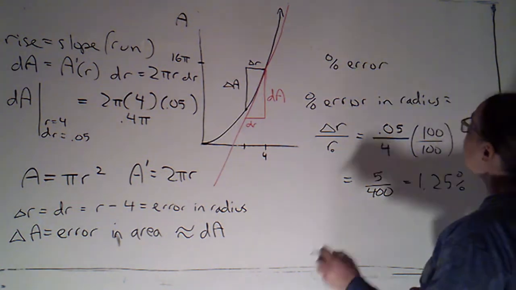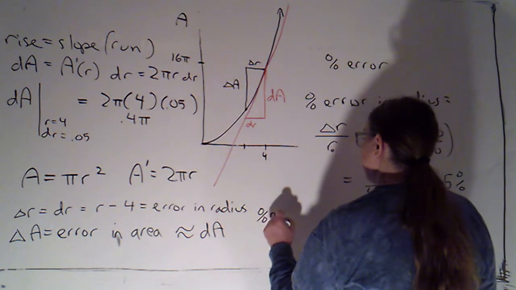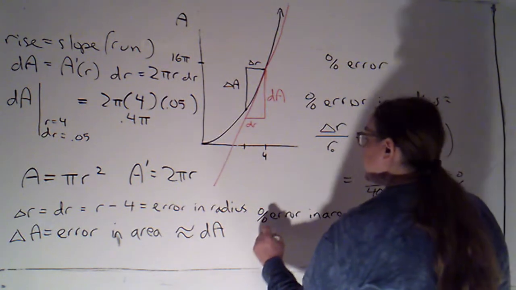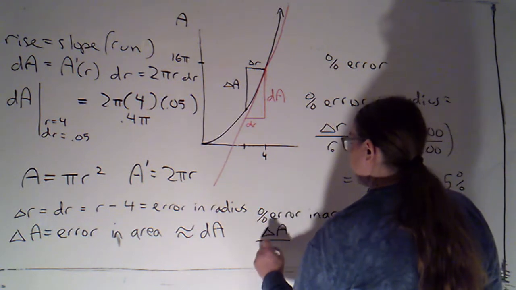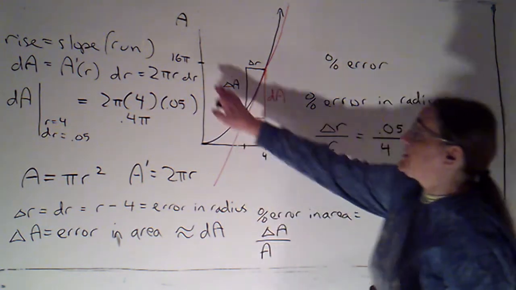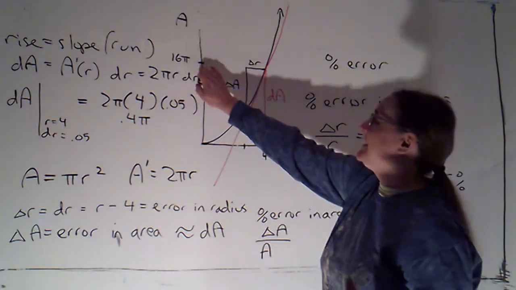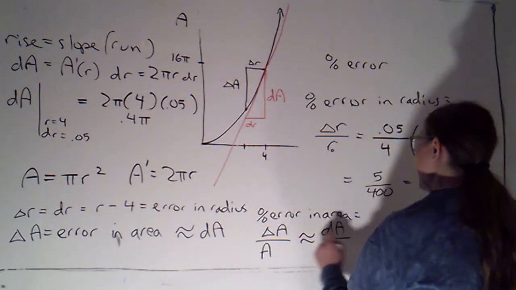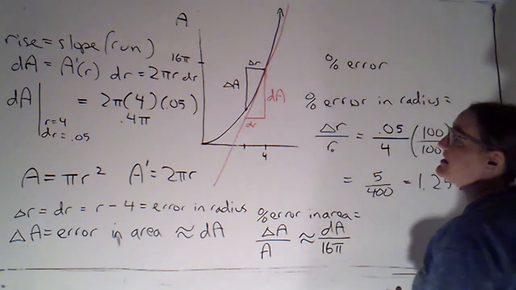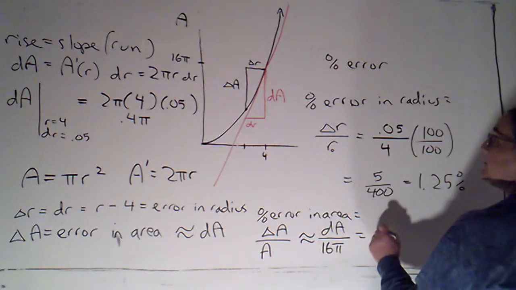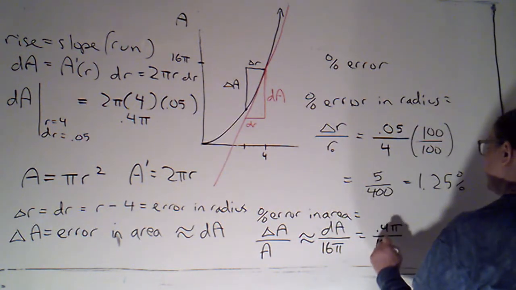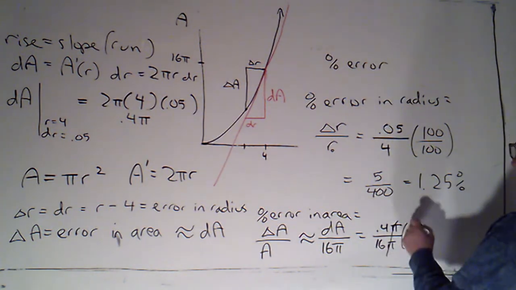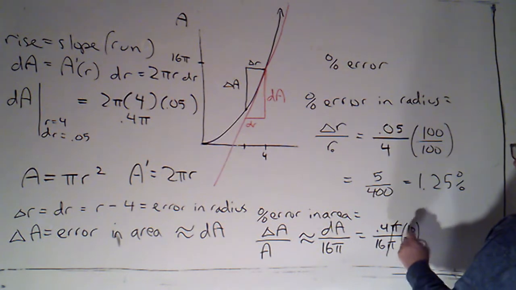Okay. Now the percent error in the area, that would be delta A over A, where A is representing the target area. So that would be approximately dA over 16 pi, which would be 0.4 pi over 16 pi. I can cancel those pi's. I'm going to multiply by 1 in the form of 10 tenths.